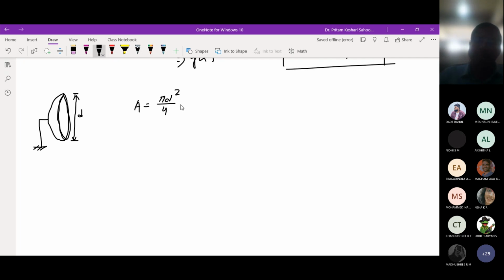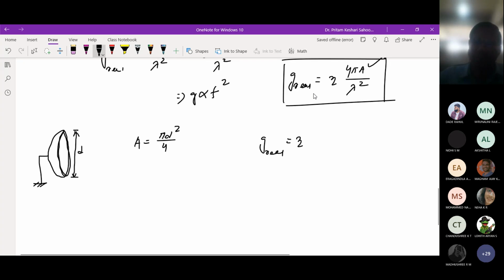Correct. Now let us calculate the gain of this antenna. The real gain of the antenna is equal to eta into 4 pi A divided by lambda square.